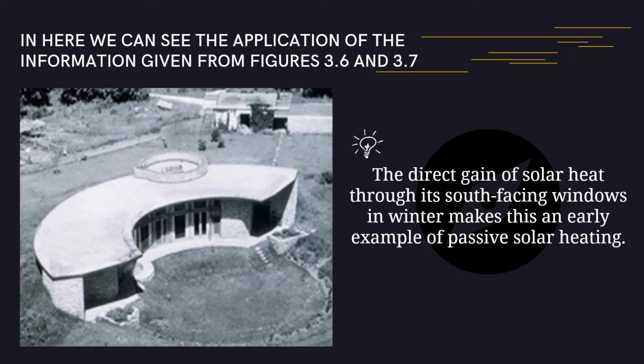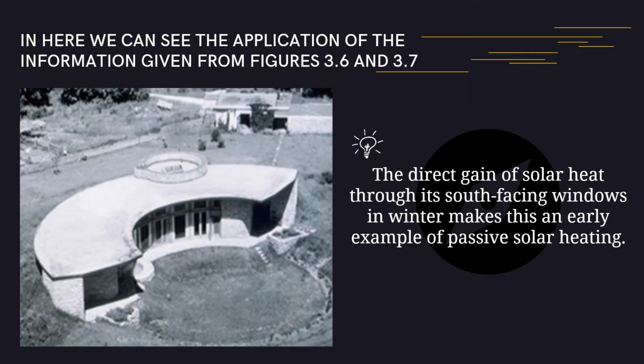It was built in 1948 near Madison, Wisconsin. The house stands on a rise in the prairie, particularly vulnerable to winter winds. As you can see in the figure, there is a rise of land, which is the rise in the prairie.